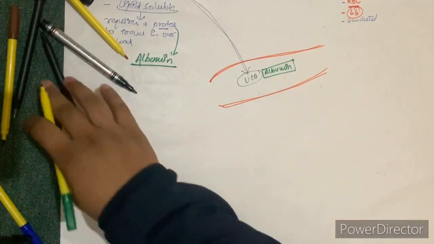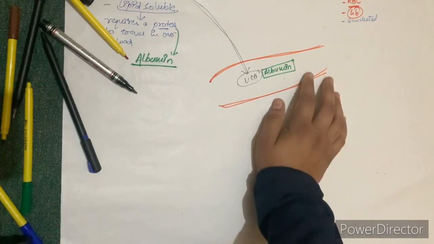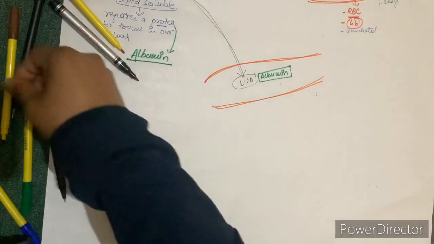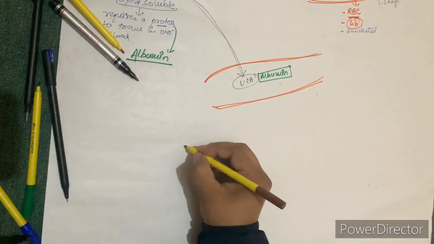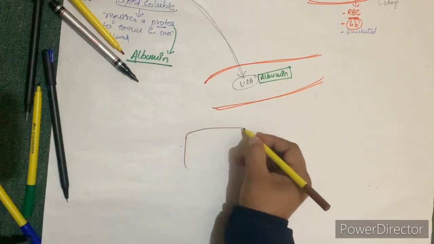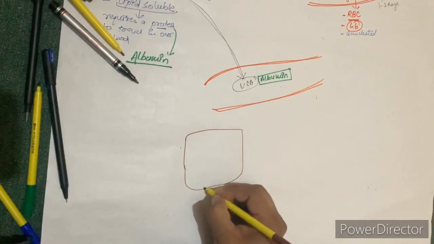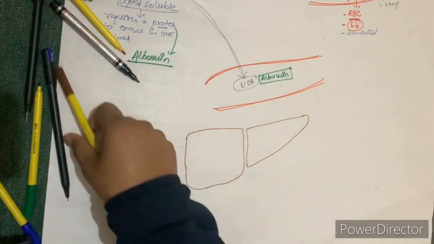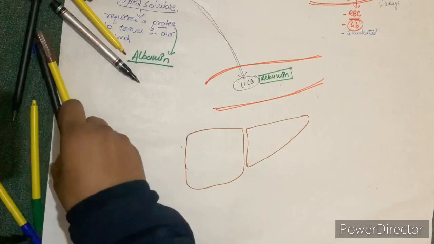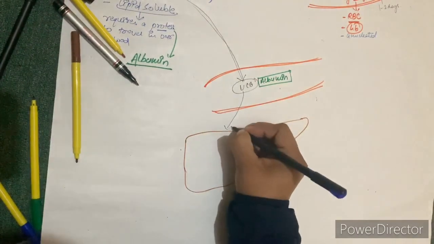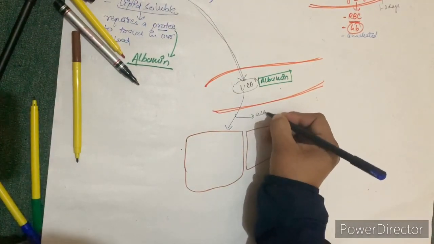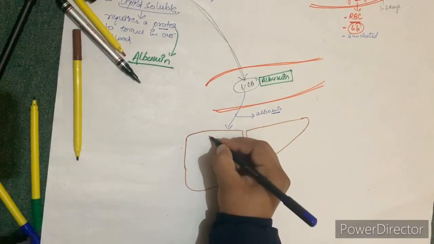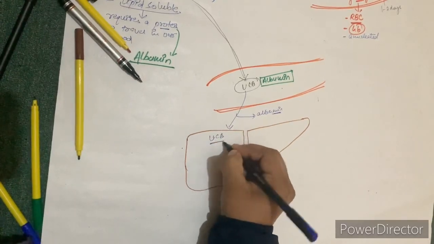Albumin works like a passenger for this unconjugated bilirubin, and it goes to the liver via the portal system. This is our liver. Albumin is detached in the blood. Now here this unconjugated bilirubin is in the liver.